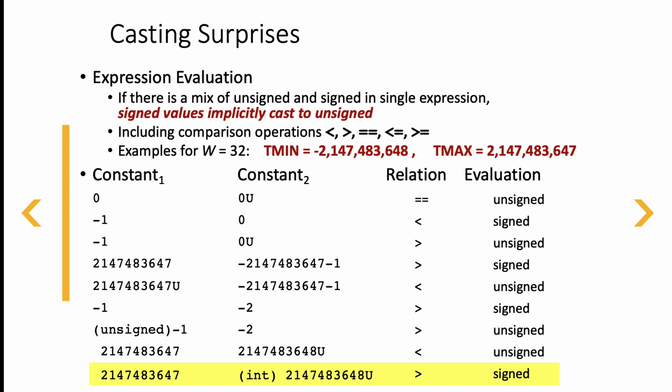T max plus 1 actually ends up being T min. So because of that, we've got what looks like constant 1 should be less than constant 2. And it's not a surprise that it evaluates as signed, but because of that conversion from a number that's outside of the 2's complement range for a 32-bit word size, it ends up evaluating as greater than.